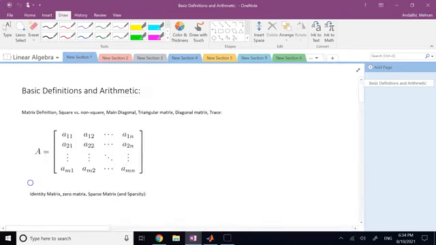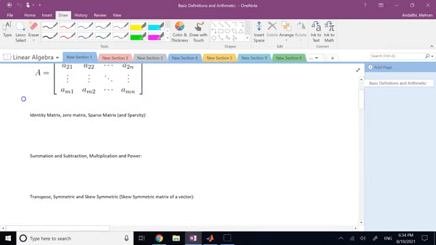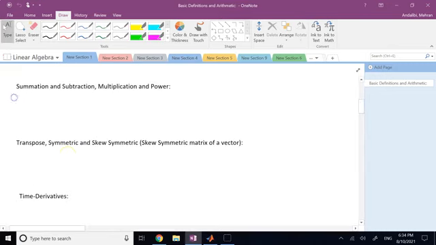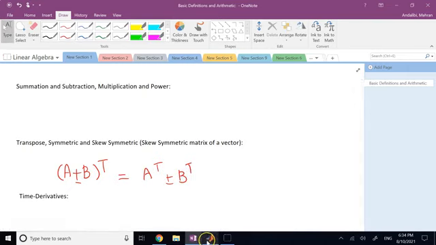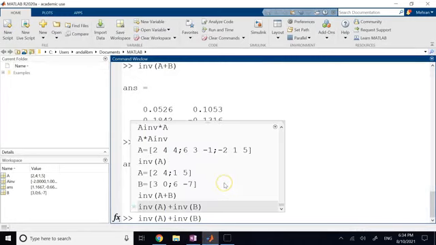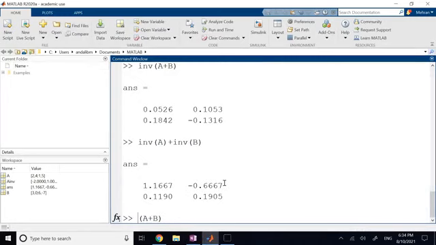Well, if you remember when we talked about transpose, do you remember this? When we talked about it, I said, could you apply transpose to addition and subtraction? So can I apply the transpose to summation and subtraction? And if you remember, we use the command transpose in MATLAB, right? Or we can use a single quotation mark instead.